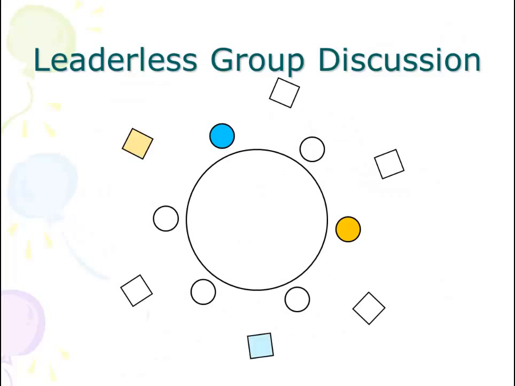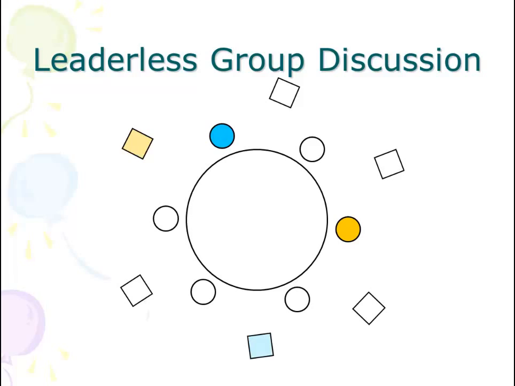In a leaderless group discussion, applicants form small groups and are given a task to solve or an issue to discuss. So this is a schematic from above of how we did a leaderless group discussion. There's a group of 6 people, represented by the little circles there, sitting around a round table, which is the big circle in the middle. And then we videotaped each of the people in the group discussion.